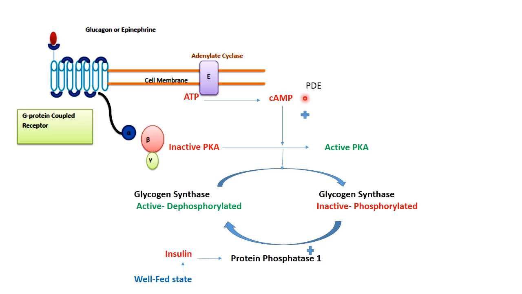This cyclic AMP, if it is acted upon by the enzyme phosphodiesterase, is converted to 5' AMP and the activity of cyclic AMP is lost. Now, this phosphodiesterase is activated by insulin.